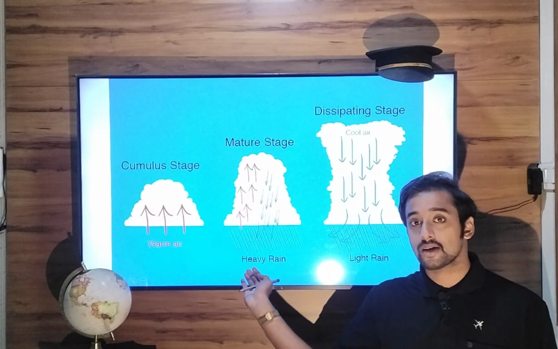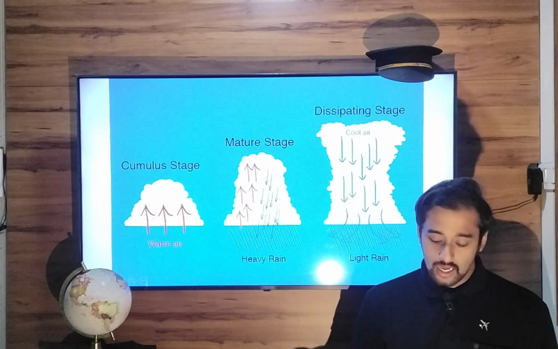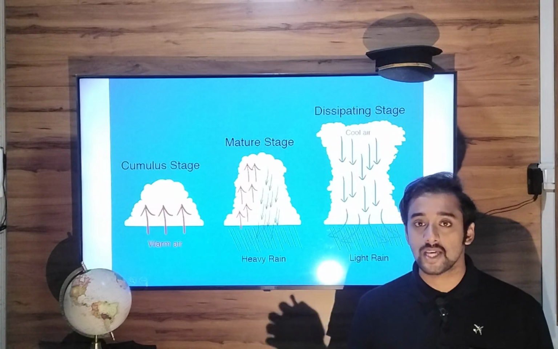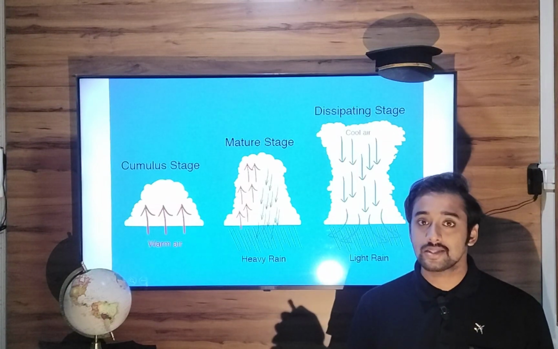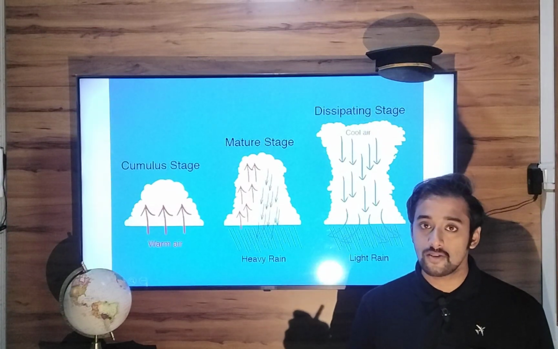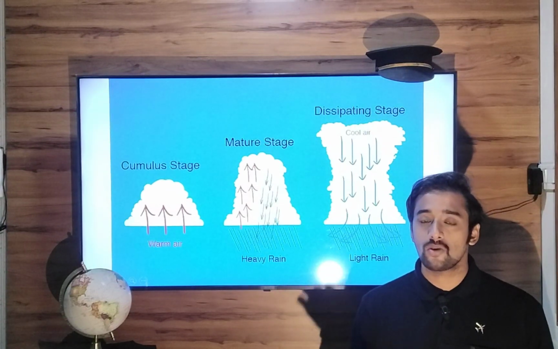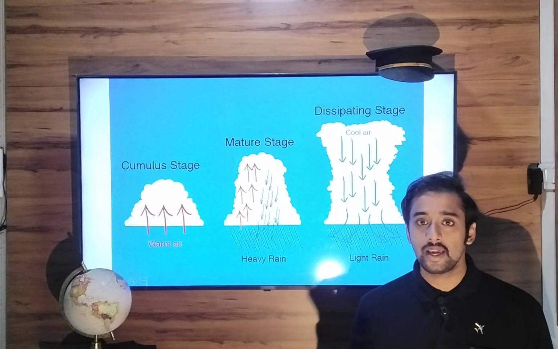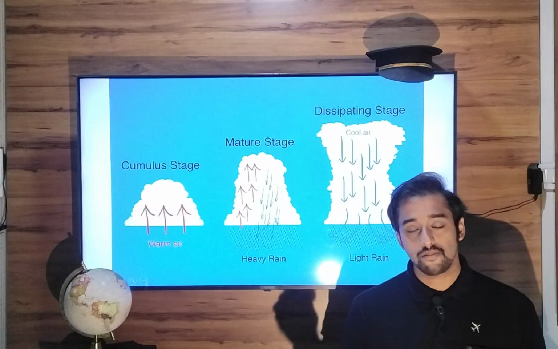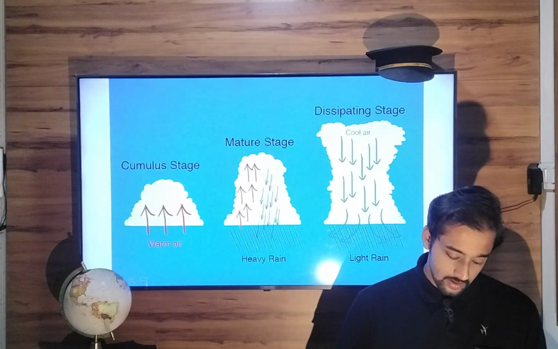The downdrafts are accompanied by precipitation. Next is the dissipating stage or the end stage, the end of the life cycle of thunderstorm, and it is marked by downdrafts, and the thunderstorm will start fading. So these are the 3 stages of a thunderstorm: cumulus, mature, and dissipating.